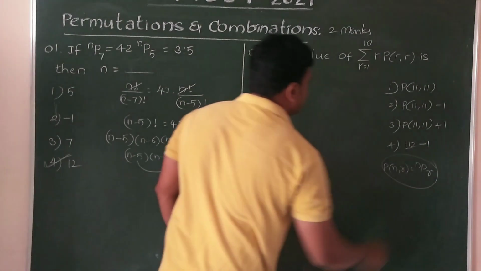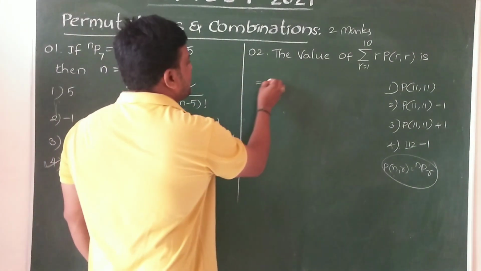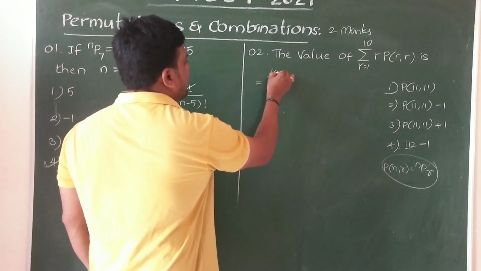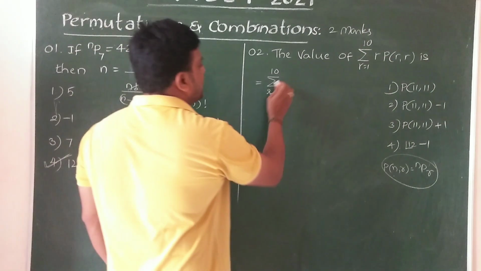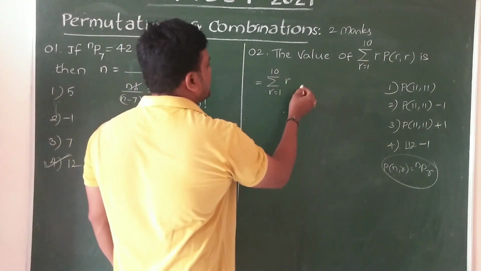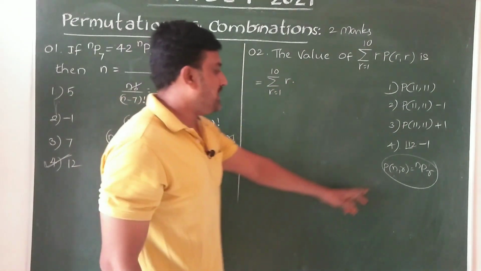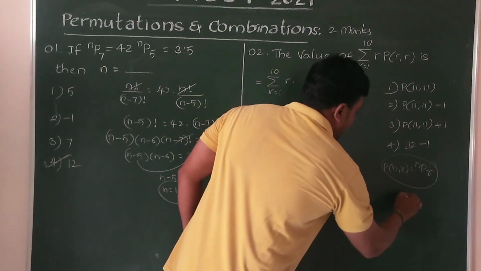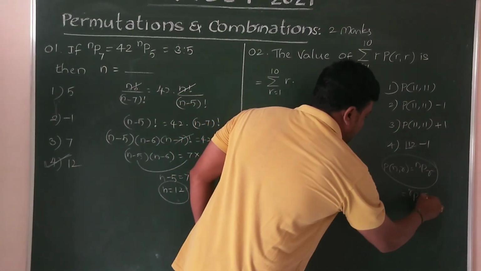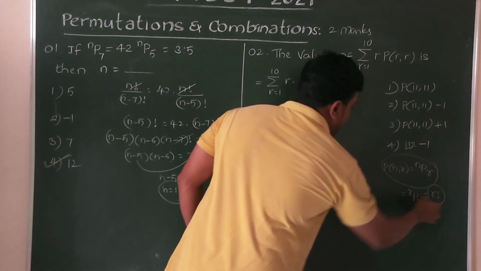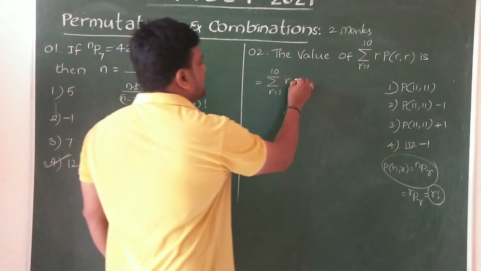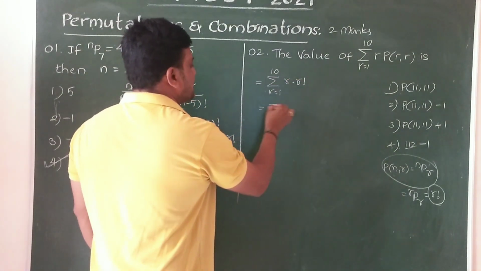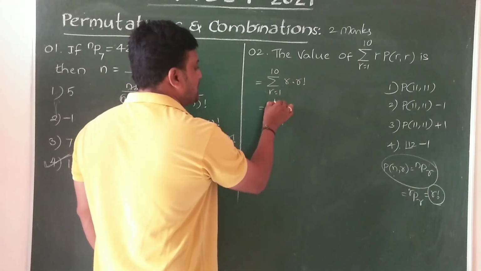So here we have summation r equals 1 to 10, r into P(r, r), which is nothing but rPr. Then that equals r factorial.